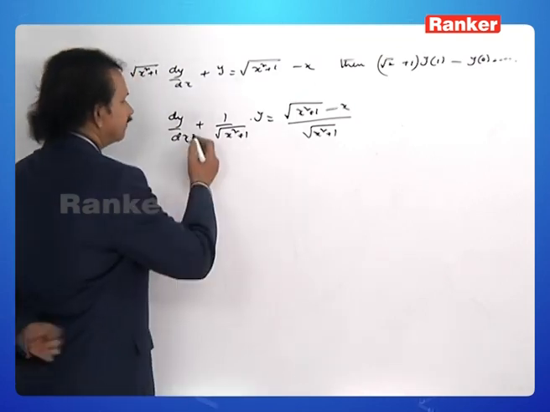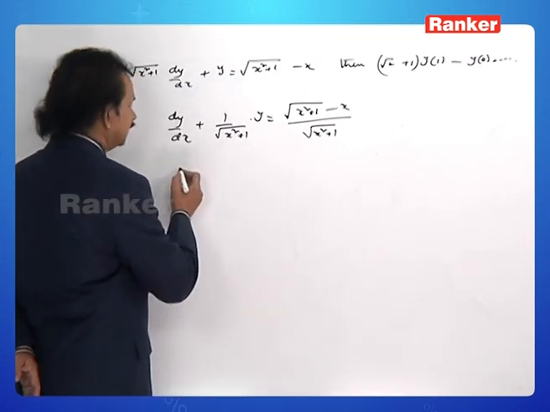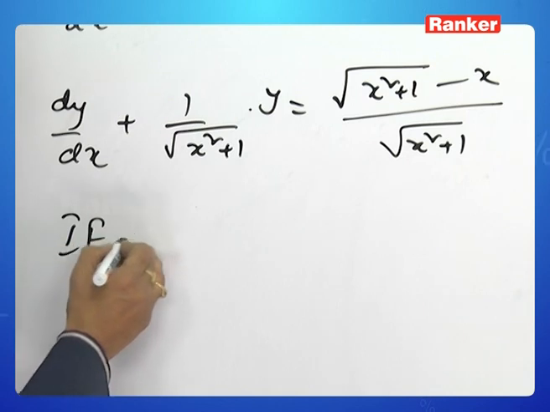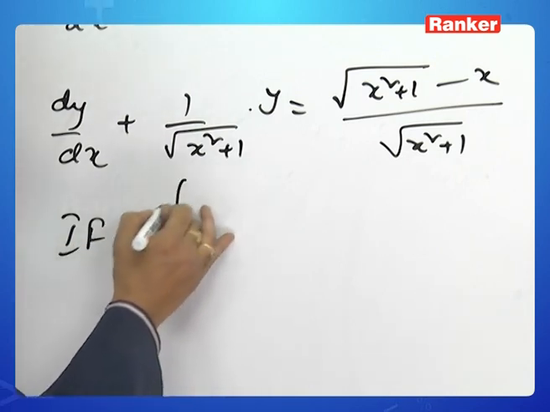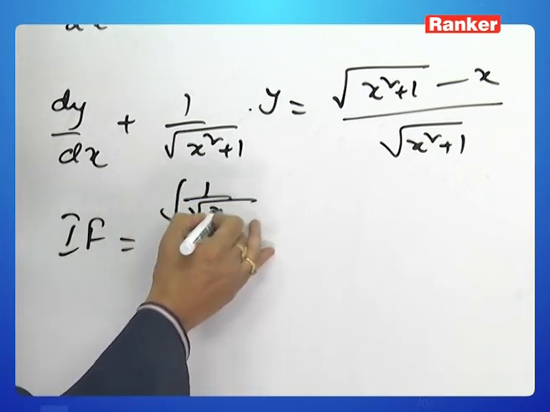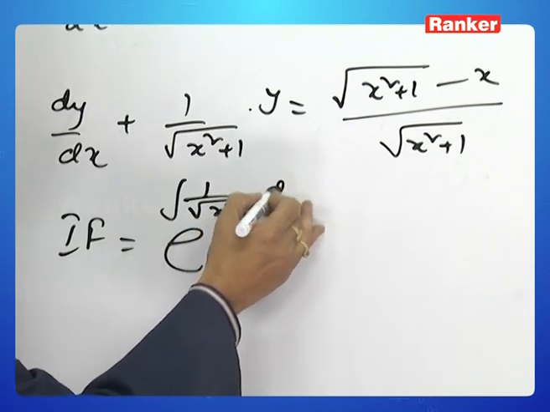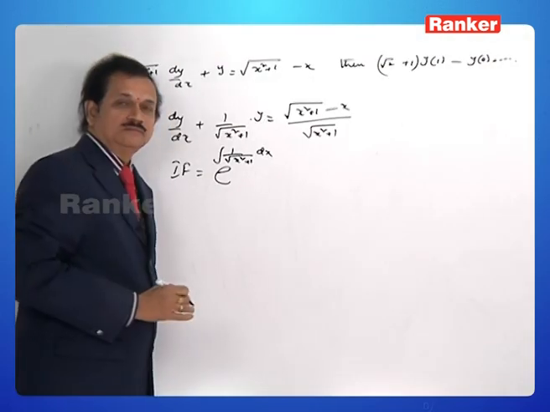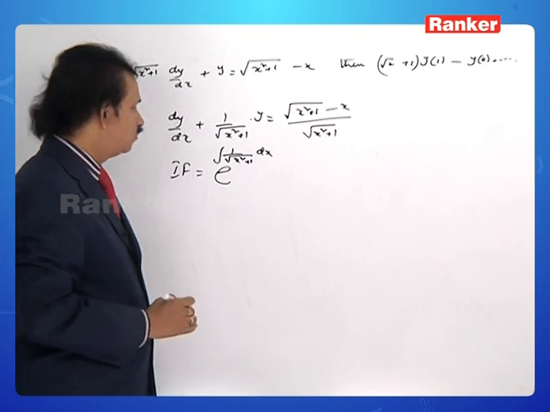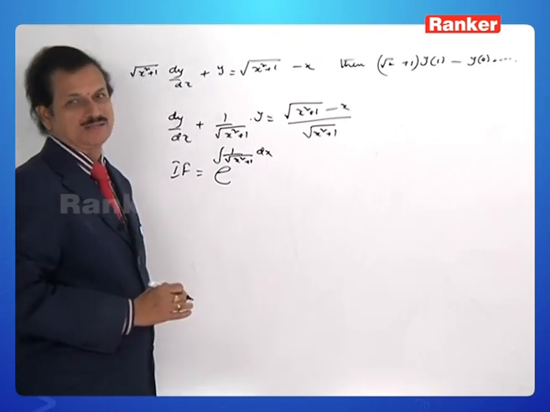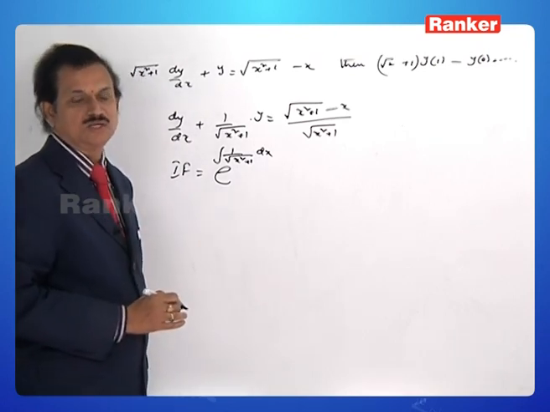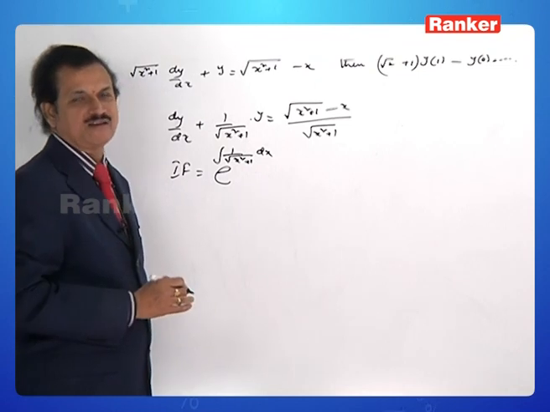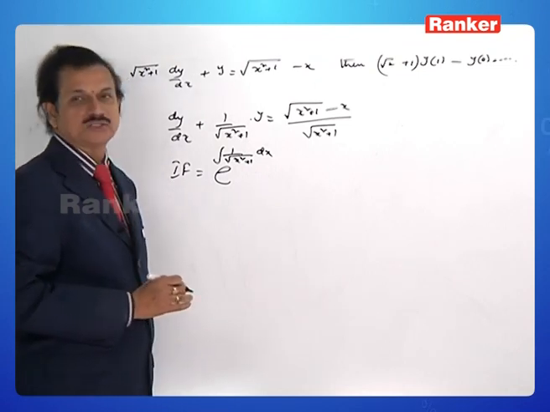Look here. What is the integrating factor? e power integral 1/√(x²+1) dx. Come on friends, what is the integral of 1/√(x²+1)? There are two types of answers. One is sinh inverse x and another is log|x + √(x²+1)|.